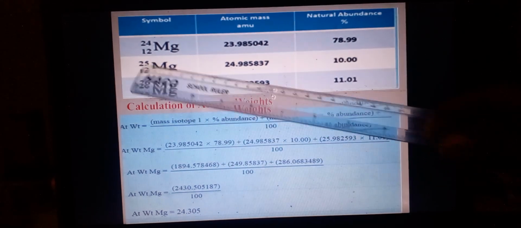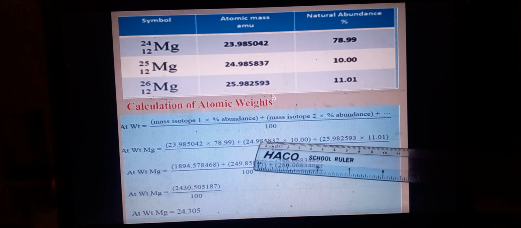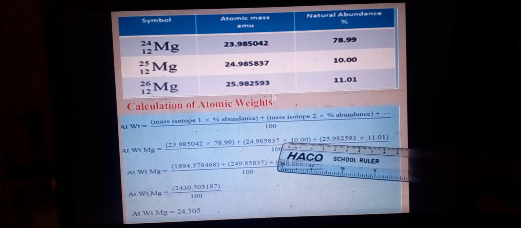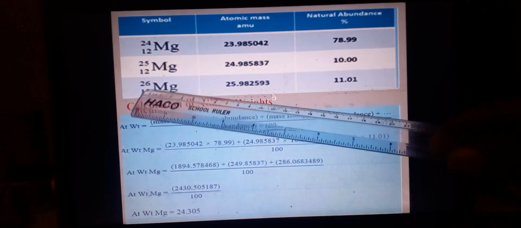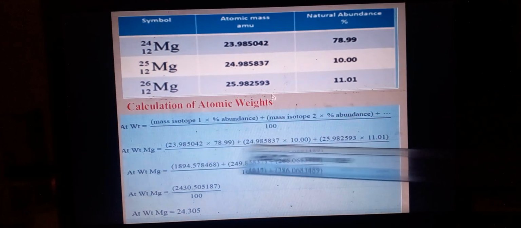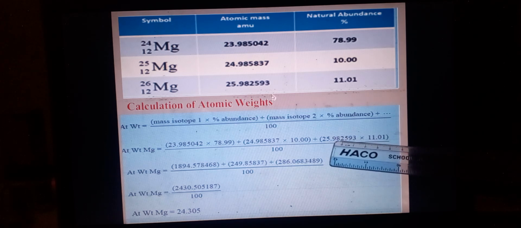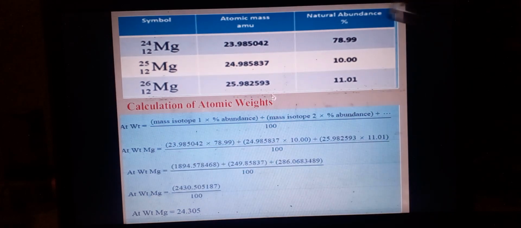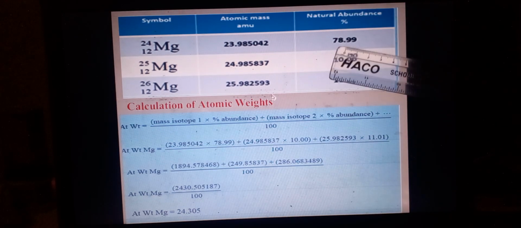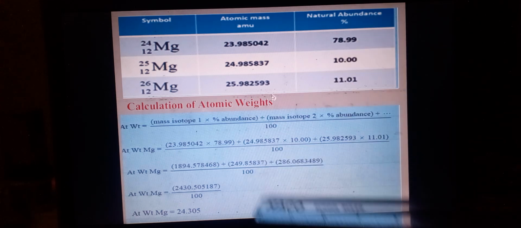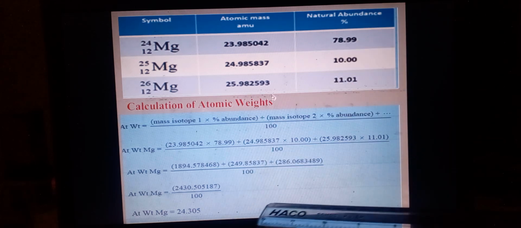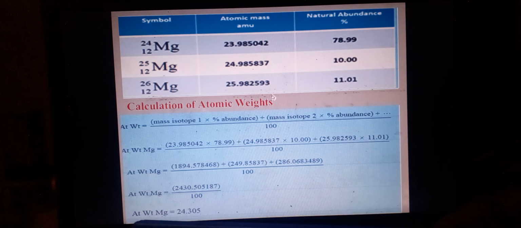The mass is 25, but the actual one is 24.985837 times its percentage abundance of 10, and then plus the third isotope, whose mass is 26, but the actual value is 25.982593 times 11.01, divided by the total percentage abundance. That means you add all these percentage abundances, then you divide. If you work it out accurately, you will settle on this value.